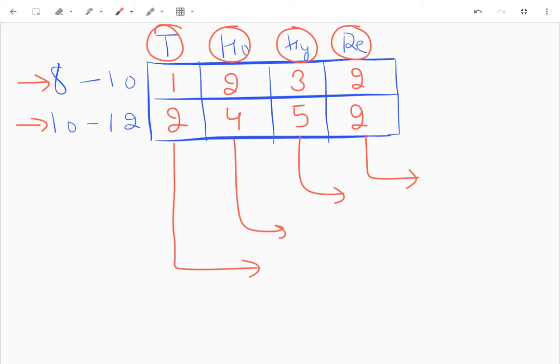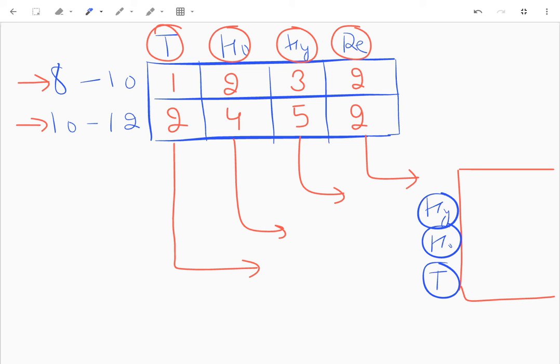So this is the reason why the next matrix has to have the rows equal to the number of columns. Like we have to have Toyota also, Honda also, Hyundai also, and Renault also. We will not skip any of these.